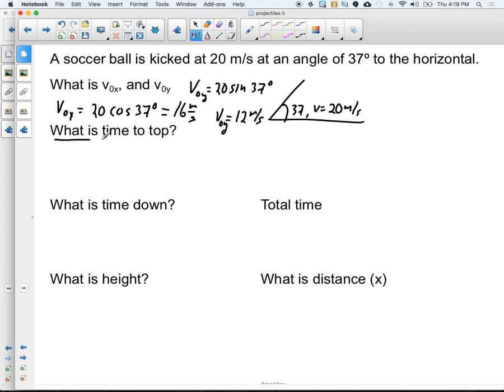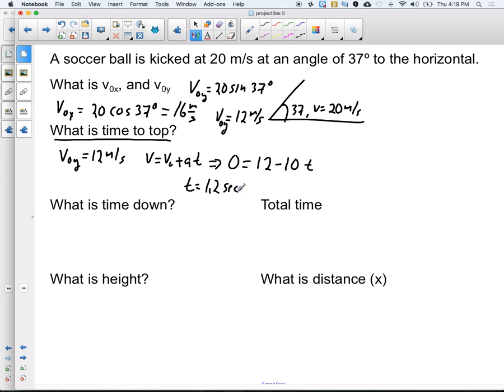How long does it take to get to the top? Well, if the initial velocity in the y direction is 12 meters per second, as we've done this a bunch of times before, we can write v is equal to v0 plus at, and I'll write that as 0 is equal to 12 minus 10t. t is going to be 1.2 seconds.